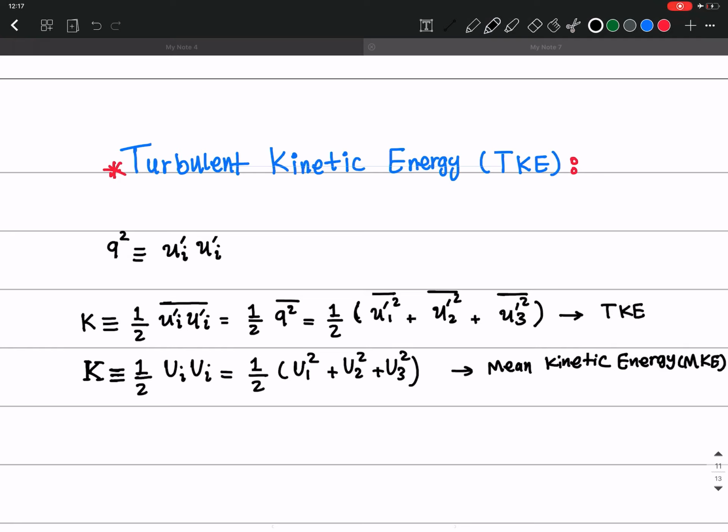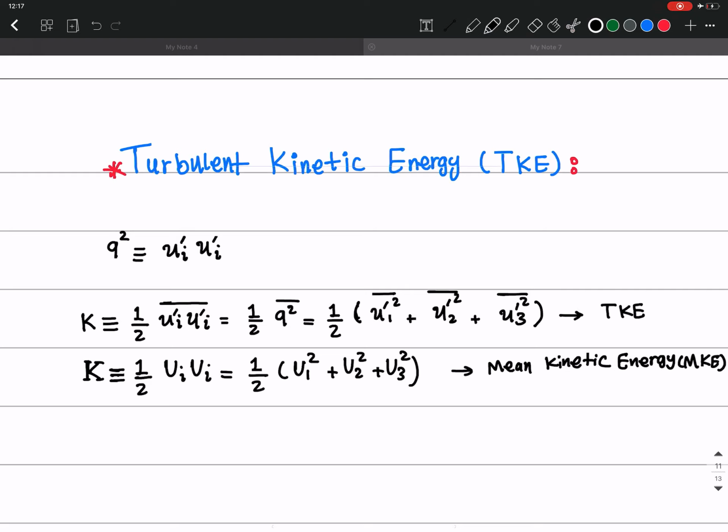These are some definitions that we have. Now, in order to find the equation for turbulent kinetic energy, we can find it based on the Reynolds stress equation.